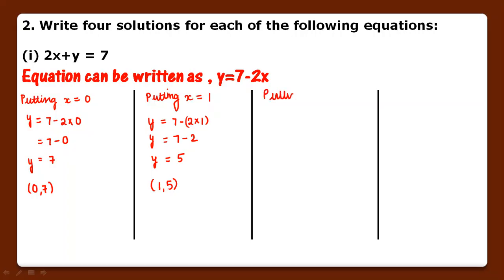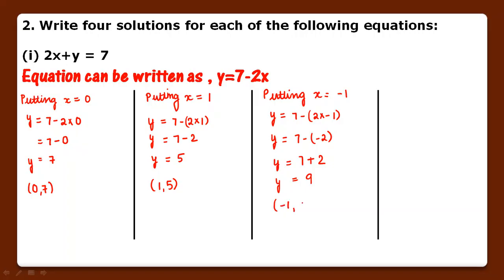Putting x equals suppose -1, minus रख के देख लेते हैं इस बार. y equals 7 minus 2 into -1, y equals 7 minus -2, y equals 7 plus 2, that is 9. So y equals 9. The third solution is -1, 9.